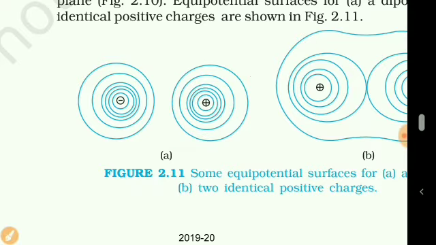And so the equipotential surface, when such two charges are kept closer, is like this.